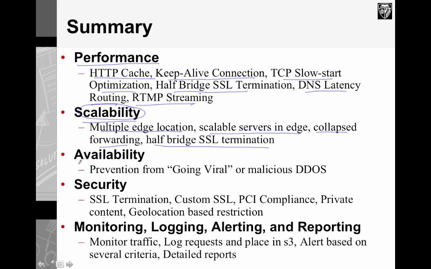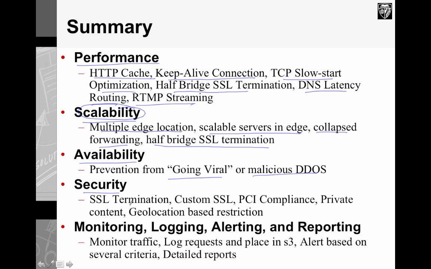In terms of availability, there are two different kinds of events that can affect the availability of your application. One is prevention from going viral situations where your application is being picked up by some kind of an organization, some kind of a social media campaign, and lots of people are now coming to your website, and now your site has gone viral and you have to handle the load. Or malicious DDoS attacks.